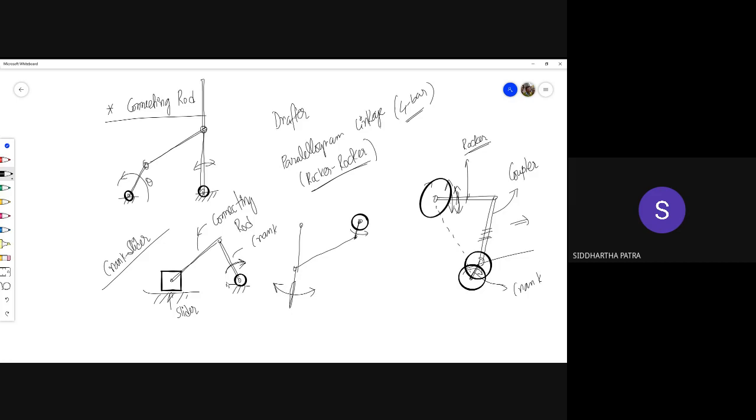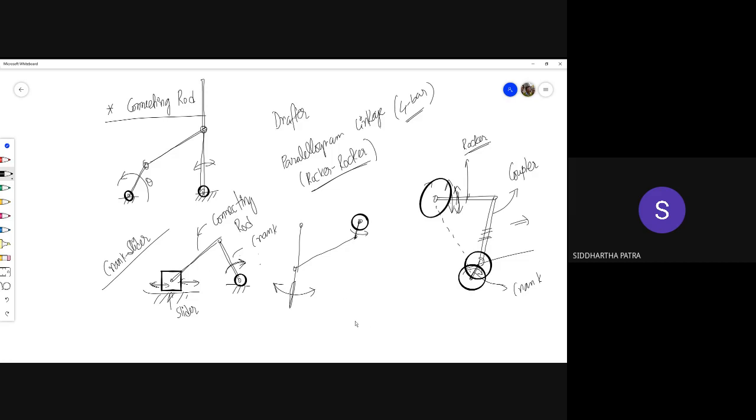And as it rotates, this portion can only oscillate. Meanwhile, the connecting rod performs a combination of translatory motion and rotary motion. So the crank only rotates, the slider only translates, but the motion of the connecting rod is a combination of sliding as well as rotating.